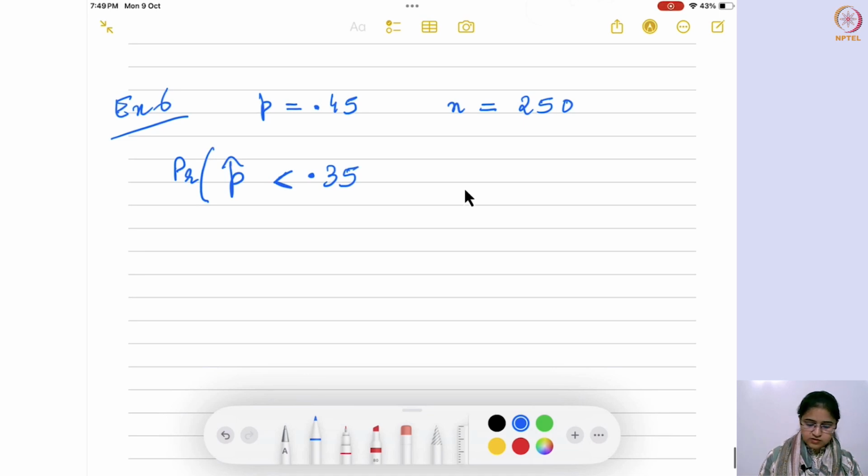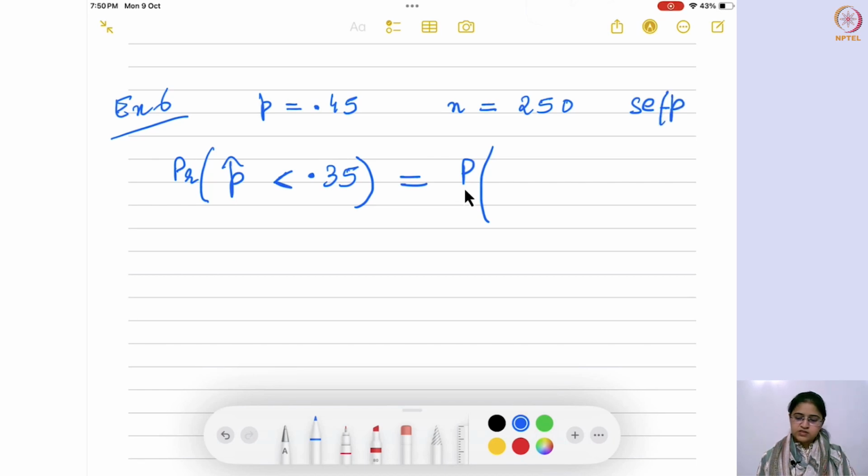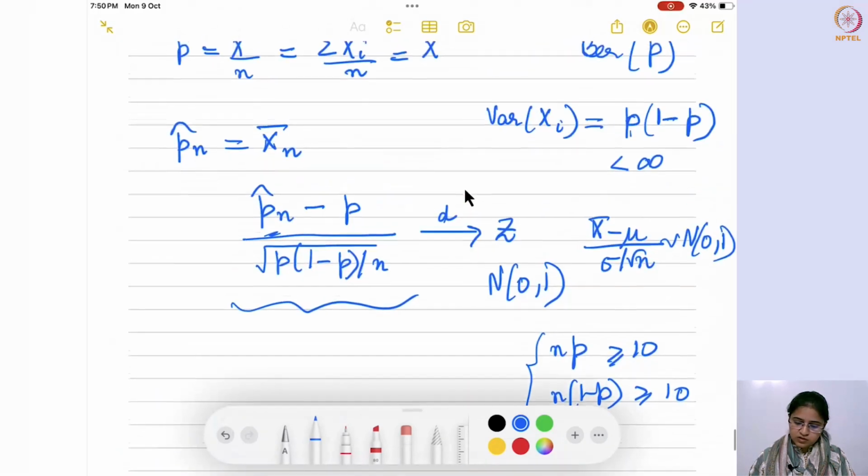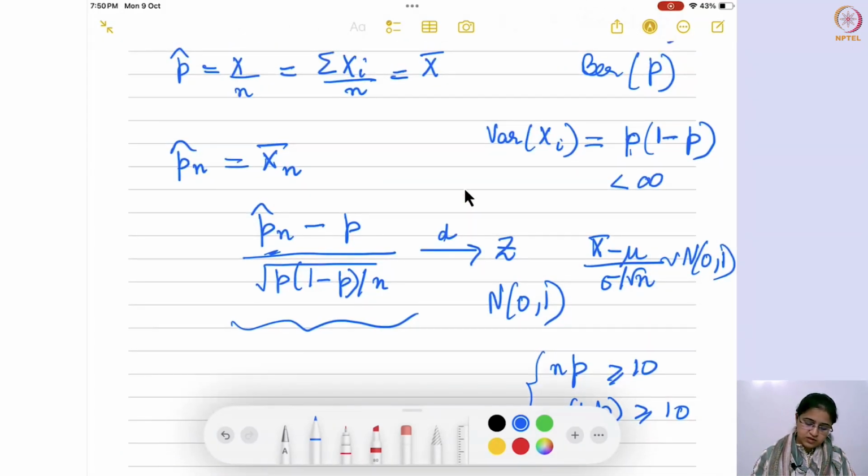Again, in the same way you subtract the population proportion and divide by the standard error. The standard error of p hat would be the square root of p into 1 minus p by n.